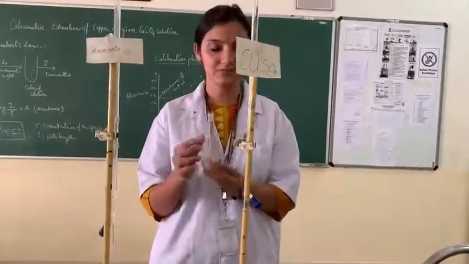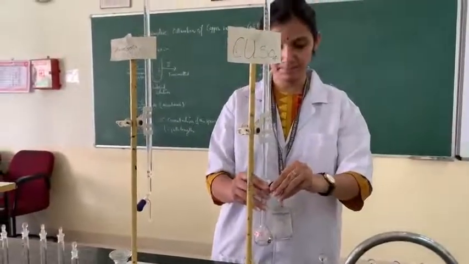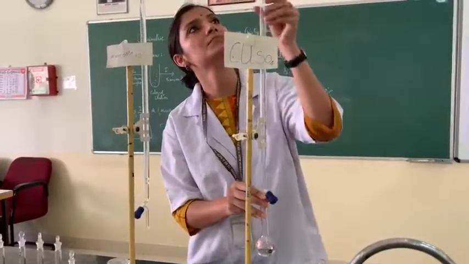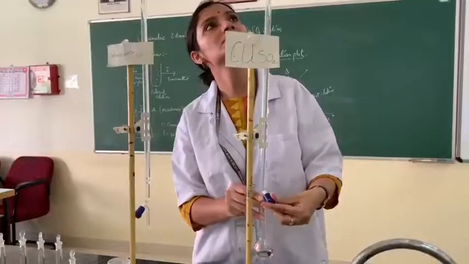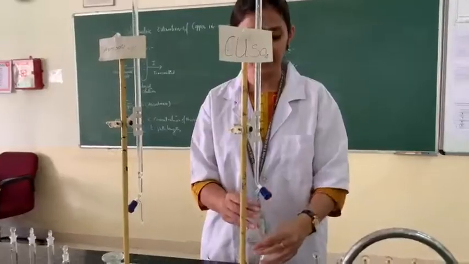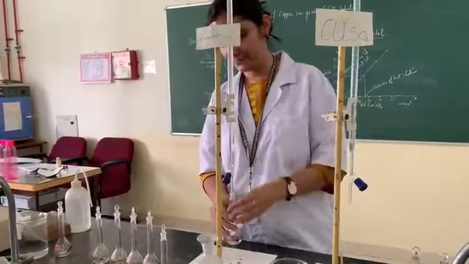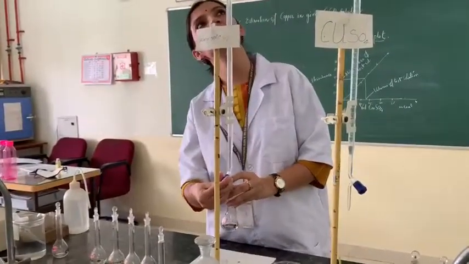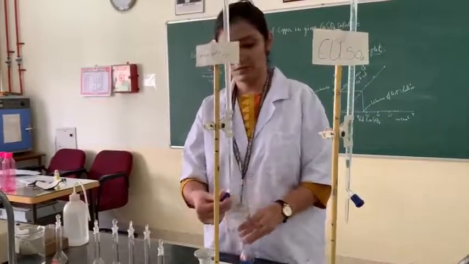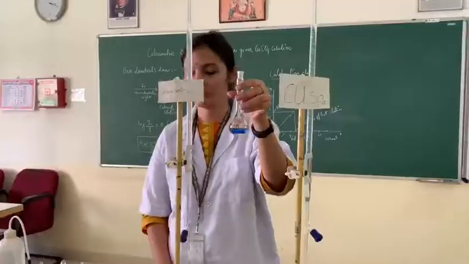Since it is labeled as 5, add 5 ml of copper sulfate from the burette to this volumetric flask. After adding 5 ml of copper sulfate into this flask, next you need to add 5 ml of ammonia from the burette. Let's add 5 ml of ammonia. And you can see the change in the color of the solution due to the formation of the cuprammonium complex.